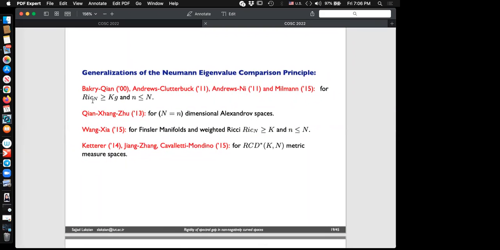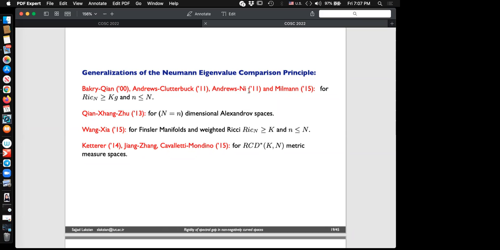So for Bakry-Emery tensor, again, the same comparison principle holds. And that's due to Bakry and Chen in their paper. They talk about the CD conditions and using the Bakry-Emery formalism, using the gamma 1, gamma 2 operators, which is a generalization of the Bochner inequality, like saying Bochner inequality using different kinds of objects, different operators.